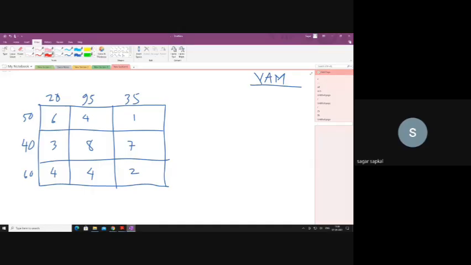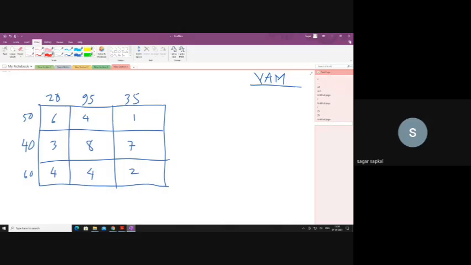Okay, now here we will discuss the procedure first. First of all, you have to find the difference between the smallest value and the next smallest value, row wise as well as column wise. Now tell me, in the first row, which is the smallest cost value? 1. What is the next smallest cost value after 1? 4.